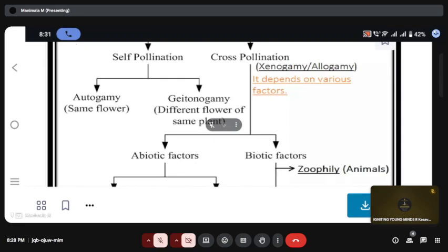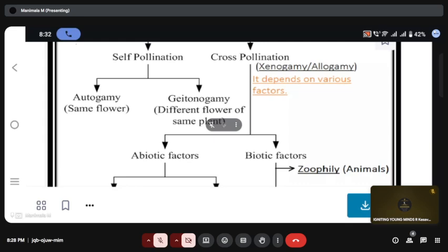Here, the sex organs are exposed out. In chasmogamous flowers, the sex organs are exposed. These flowers are called chasmogamous flowers. In this flower, both self-pollination and cross-pollination can occur.